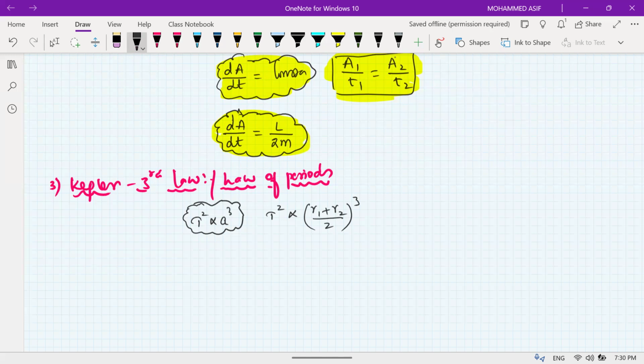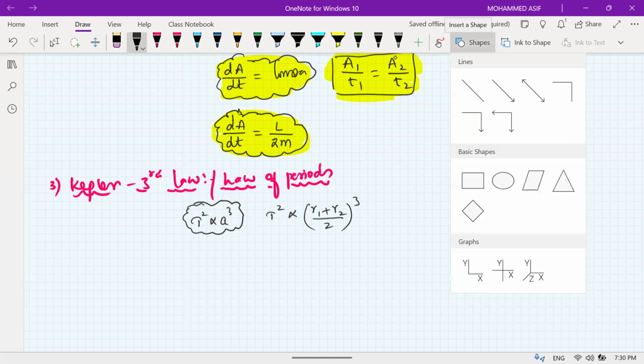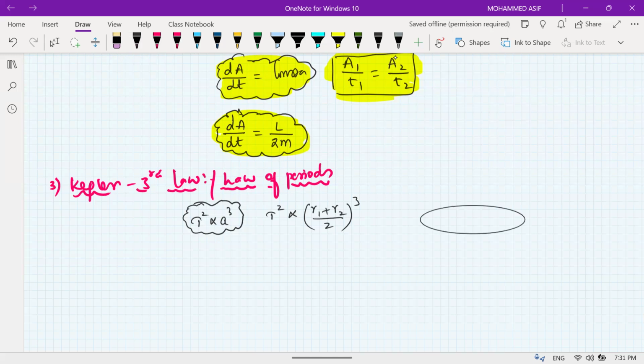Say for example, this is your elliptical path and this is your axis, and somewhere here is the sun.